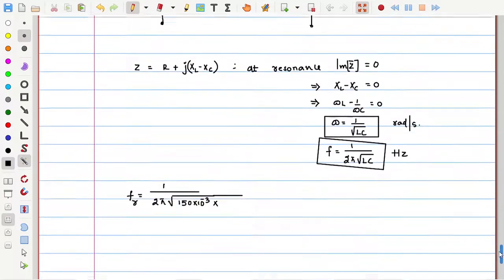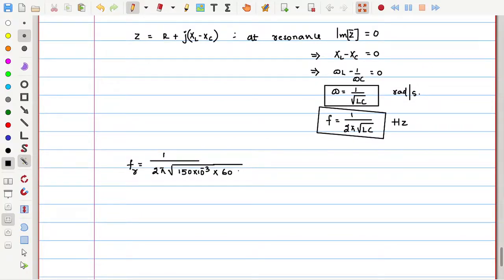C is 60 micro, so 60 into 10 power minus 6. So how much will we get? Cross verify: 1 by 2 pi square root of 150 into 10 power minus 3 times 60 into 10 power minus 6. I get 53.08 Hertz. This is the resonance frequency.